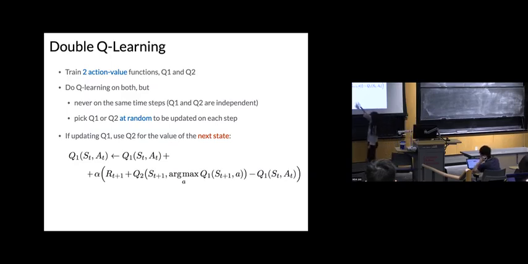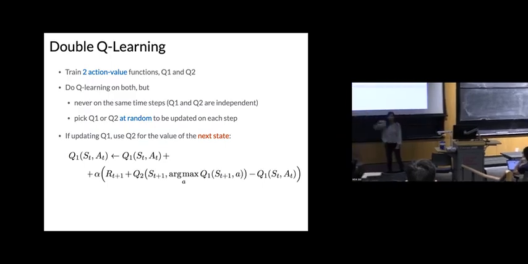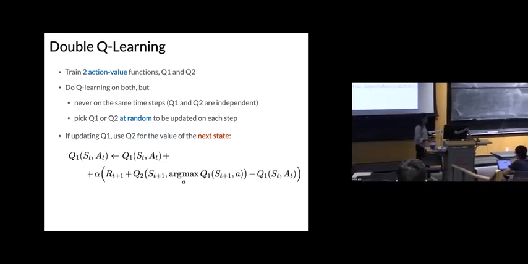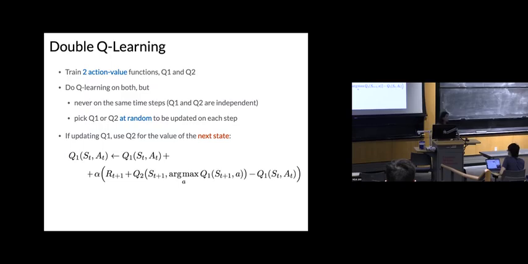You take the argmax with respect to Q1, but you evaluate with respect to Q2. And when you act in the environment, you need to do epsilon greedy with respect to Q, so you may as well average them: epsilon greedy with respect to the sum of Q1 and Q2. Is that clear? So this will fight the maximization bias.